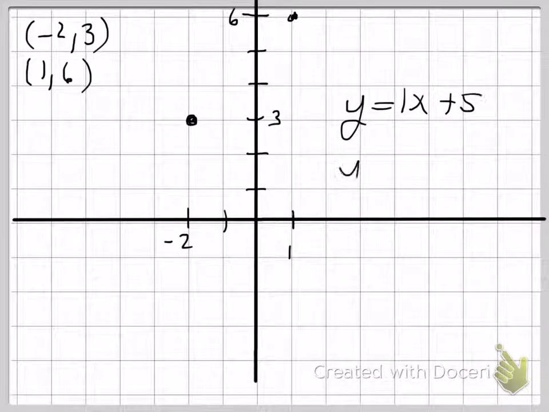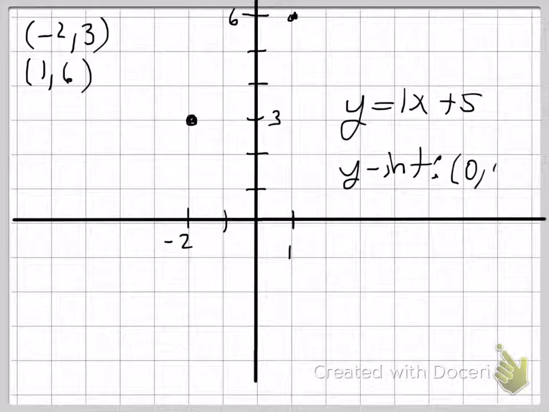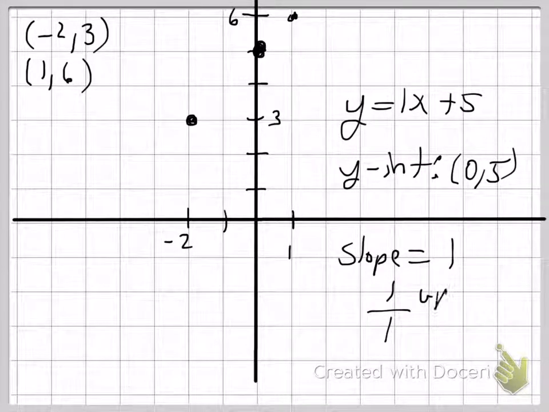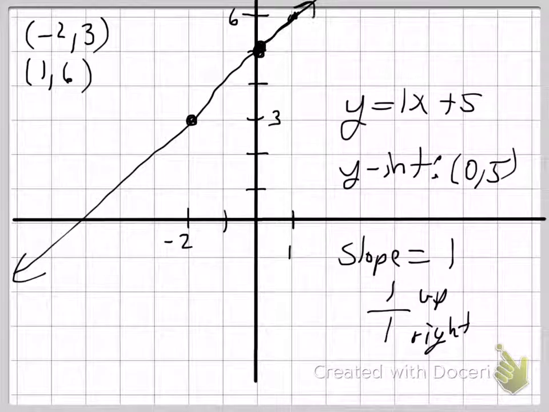The 5 is going to be the y-intercept, so that's going to be 0, 5. And then the slope is the number hanging out in front of the x, and that's just 1. Now it's a rise over a run, so we can write it as 1 over 1 if that kind of helps you out with graphing it here. Okay, so we already got 3 points, and then we can just connect our dots.